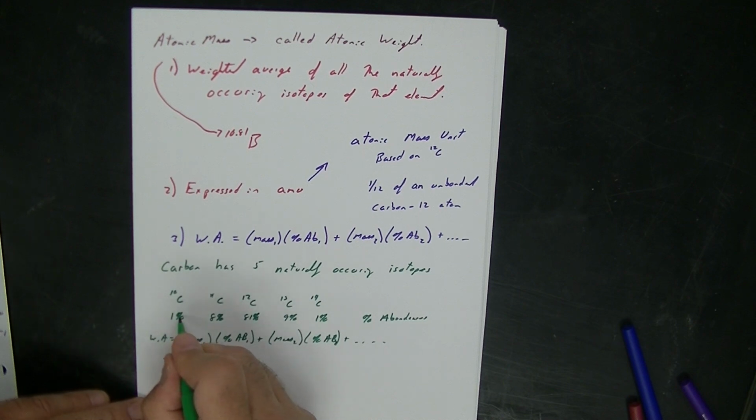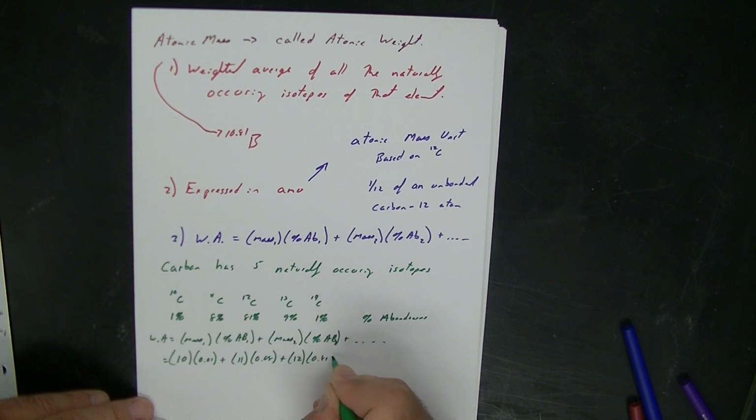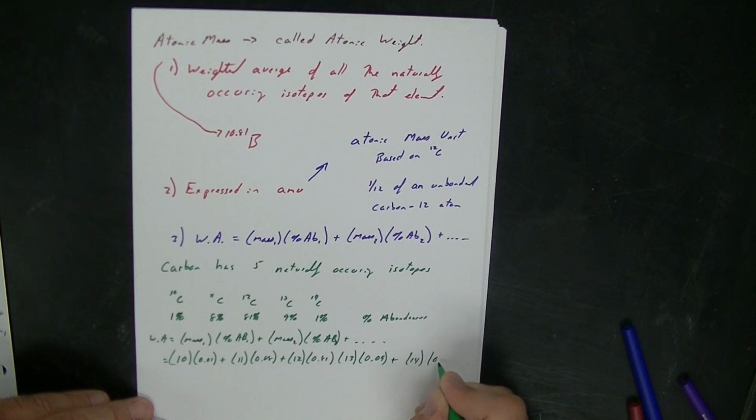Remember we can't work in percent, so we have to convert to a decimal. So it's 10 times 0.01, plus 11 times 0.08, plus 12 times 0.81, plus the mass of the fourth, which is 13, times 0.09, and then finally 14 times 0.01.